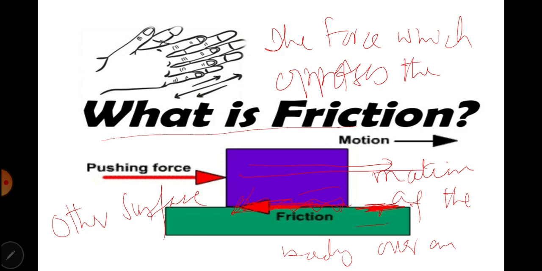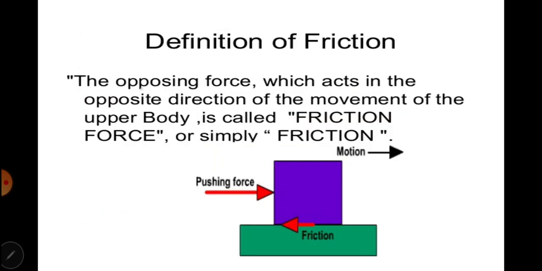When you push this in this direction, the contact points between these two surfaces oppose it, so an opposition acts in the opposite direction. The opposition to the motion of a body over the surface of another body is called friction. The opposing force which acts in the opposite direction of the movement of the upper body is called friction.